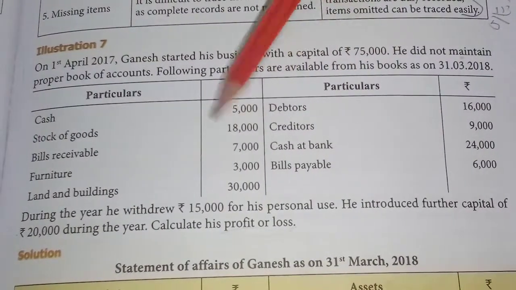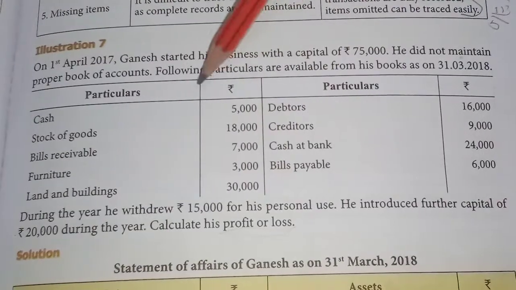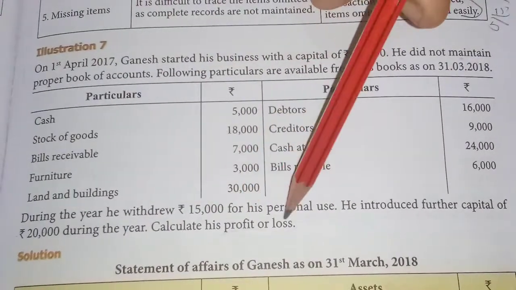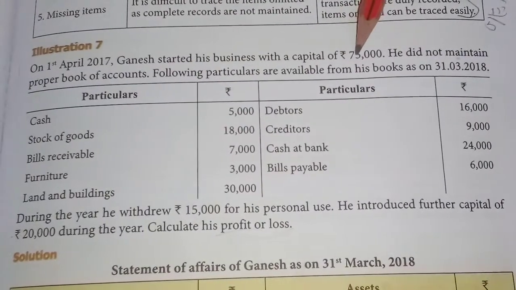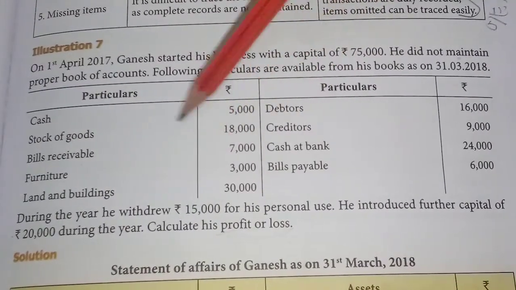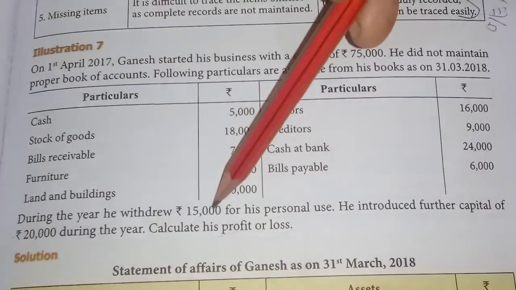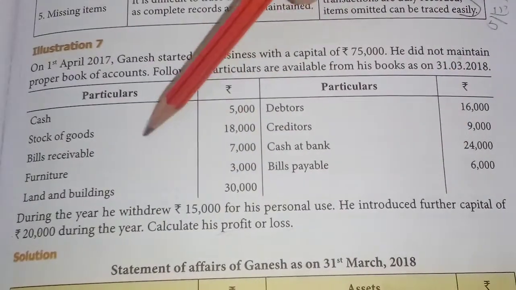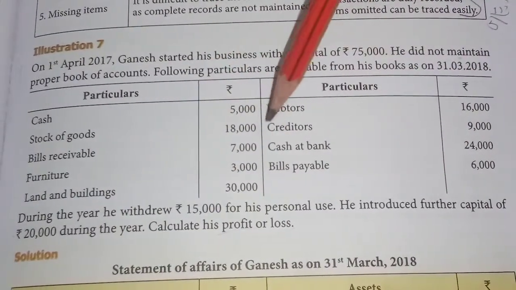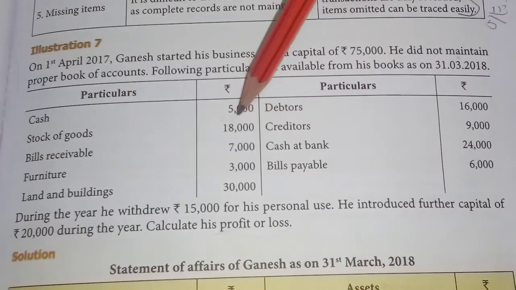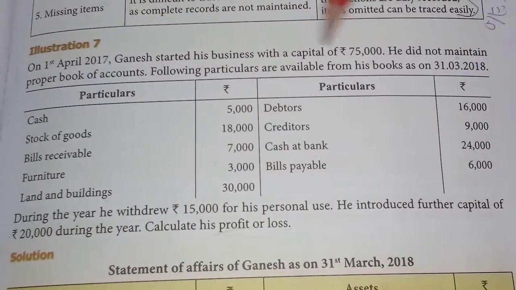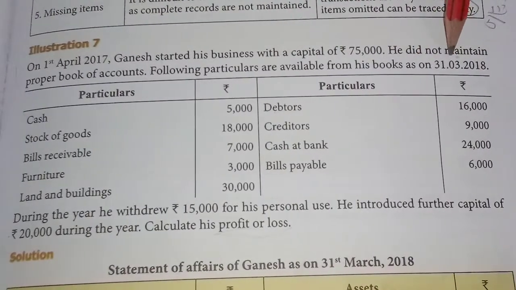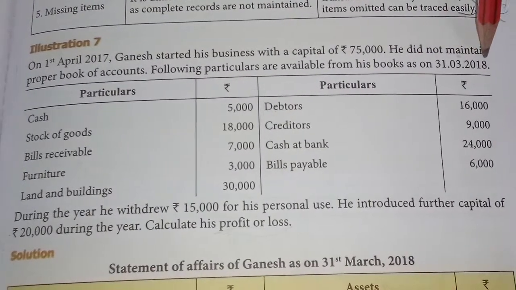Here we need to calculate profit or loss. For that we need 4 items, we know: opening capital, closing capital, then drawings, additional capital. So closing capital we have to calculate. For that one we have to prepare the statement of affairs of Ganesh on 31st March 2018.